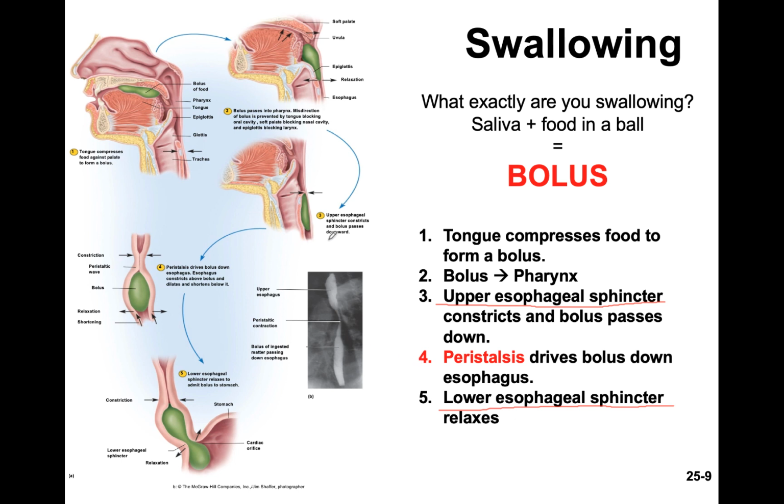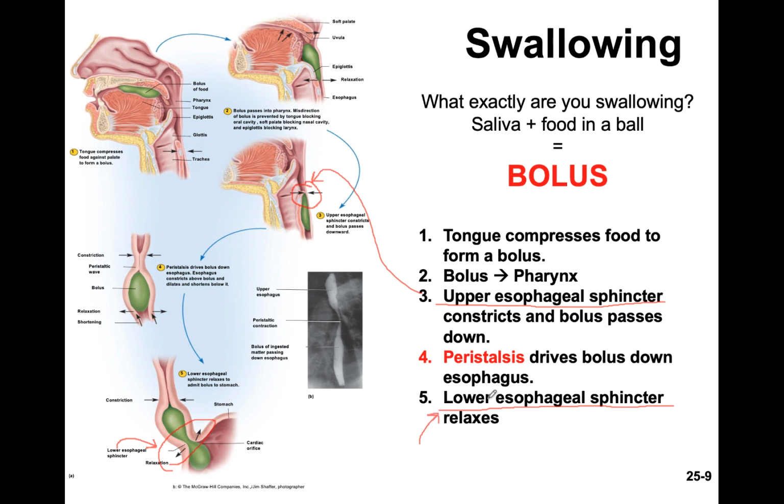So the upper esophageal sphincter is just the sphincter that opens and closes right here at the top of the esophagus, and we'll put a little arrow next to that. And once that bolus gets going down, at the end of the esophagus, you're going to have what's called a lower esophageal sphincter.